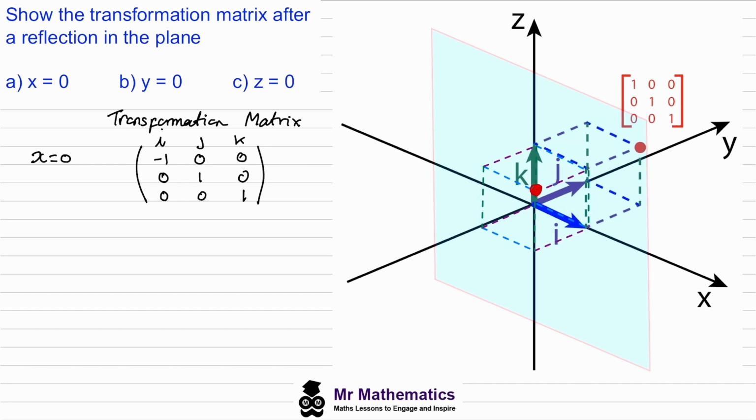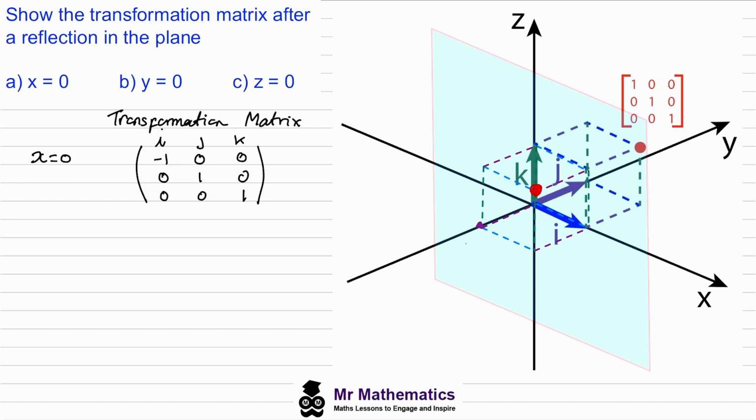Now you can see the I point remains the same. The Z point remains the same as we go 1 up in the Z axis. But now the Y coordinate has changed from +1 to -1.